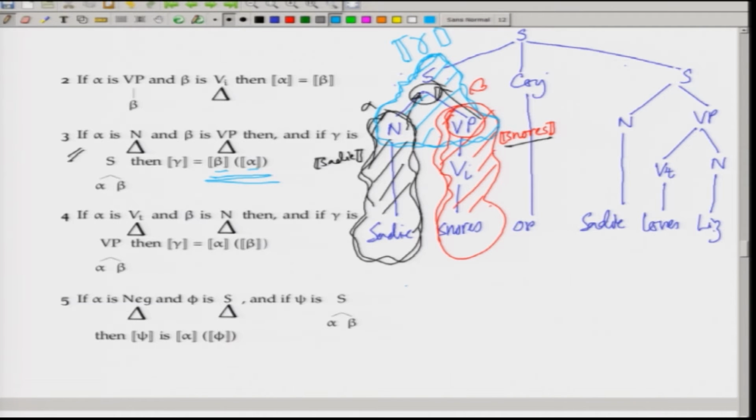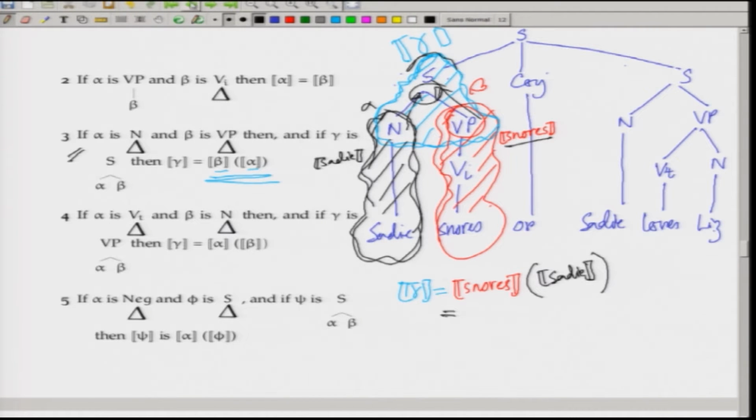The denotation of gamma, according to the rules, will be the denotation of beta, which is Snows, and then that takes another thing, the argument the function takes, which is the denotation of Sadie. So now you can see that gamma is the entire sentence. And what is Snows?